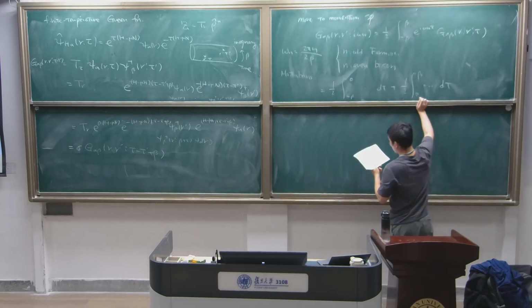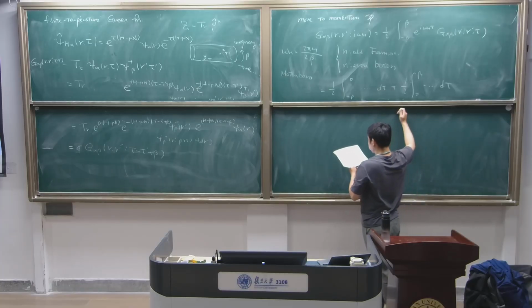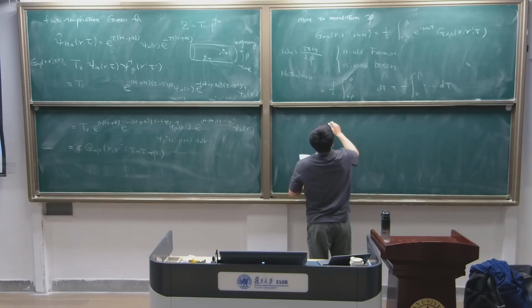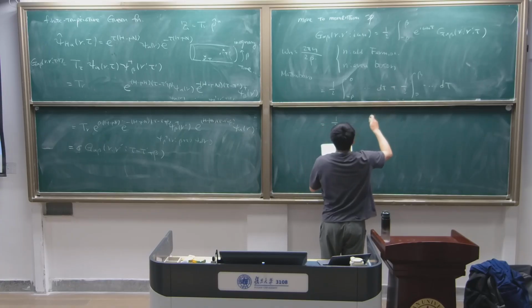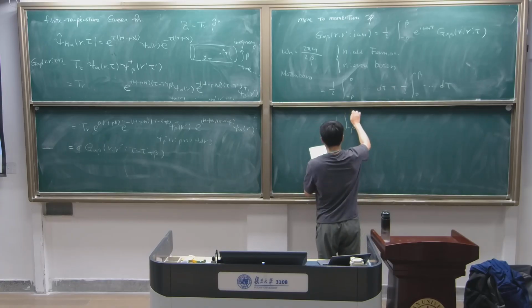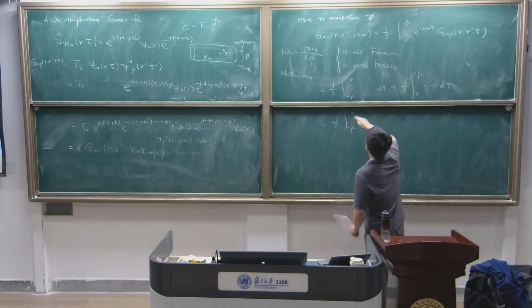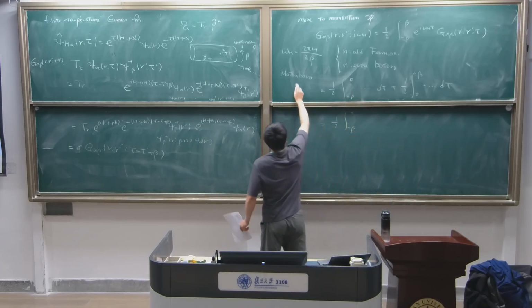Now put this one from half, the same thing up here, minus beta to 0.